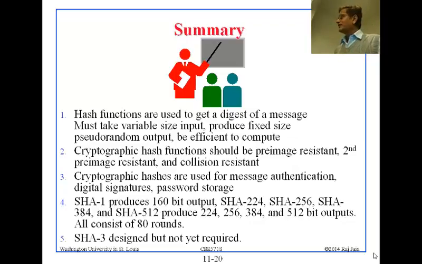For the others, similar things apply, except the output is actually 256 bits, and we just take 224 out of that 256. And this one is 512, and we can take 384 out of that. So those are the output sizes. SHA-3 has been designed, but is not yet required by any method, so it's not required yet.